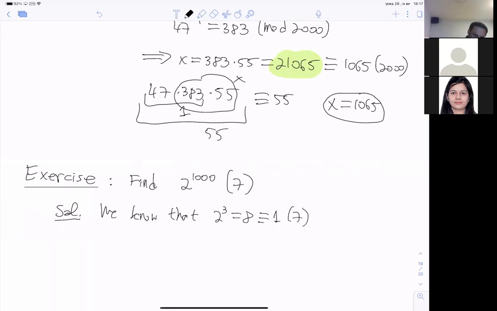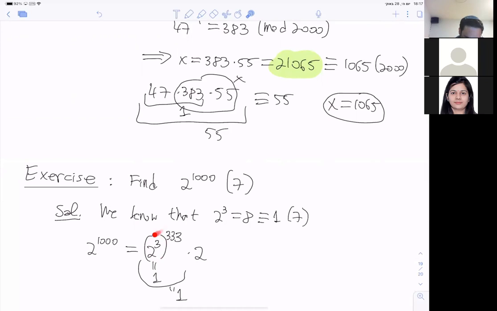So instead of writing 2 to the power of 1000, we can write 2 to the power of 3 to the power of 333 with another power 2. Now this is 1. So this remains 1 because it doesn't depend on the choice of the representative. So if this is 1, 1 remains 1 modulo 7. So the answer is 2. That's all.